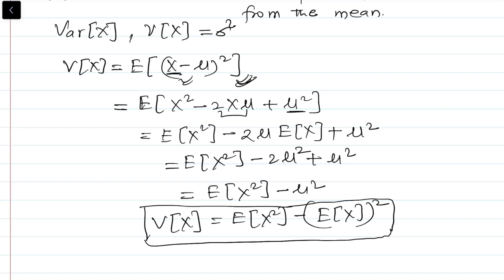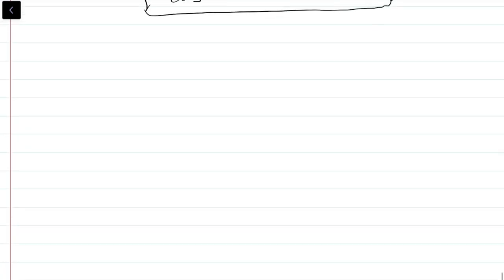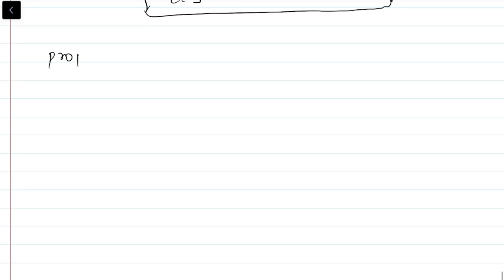Now let's look at some properties of variance. The variance of a constant is 0. A constant means a fixed number, and a fixed number cannot change, so the variance is 0.